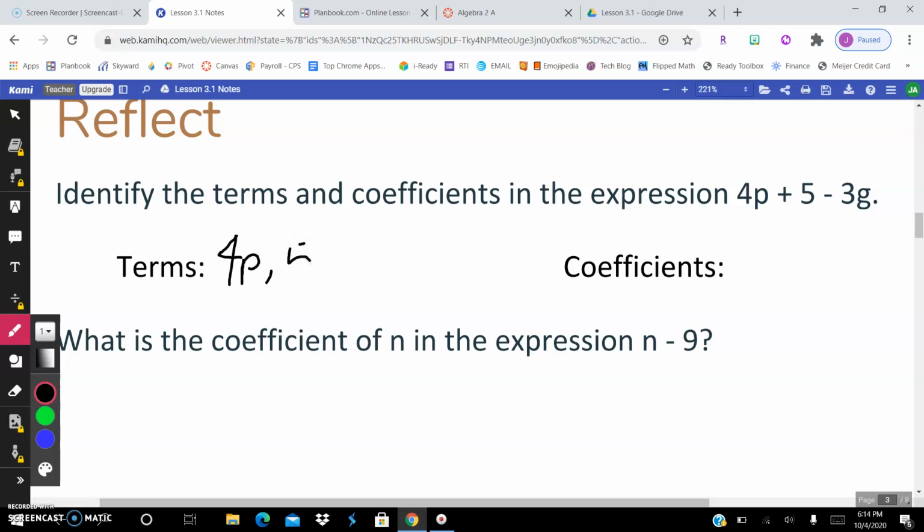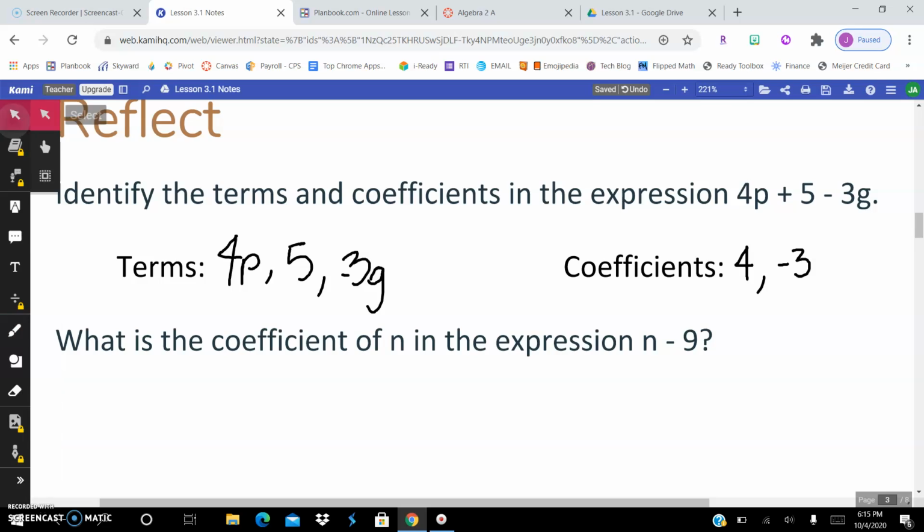That 5 is a term, and so is that 3g, or negative 3g, because that minus sign really is a negative sign. And then the coefficients, we only have two variables in there, and the coefficients are the ones being multiplied by those. So I have a coefficient of 4 that's in front of the p, and negative 3 that's in front of the g.